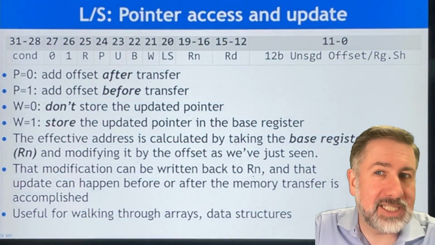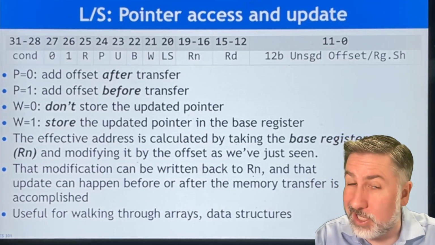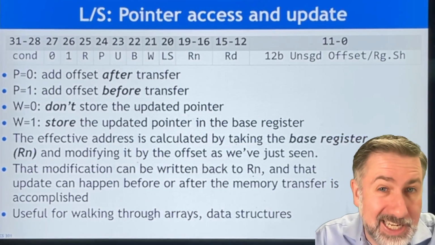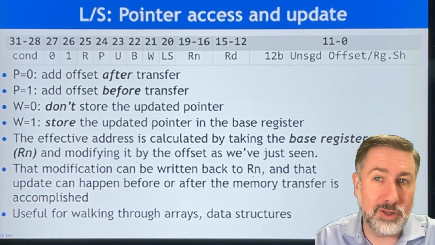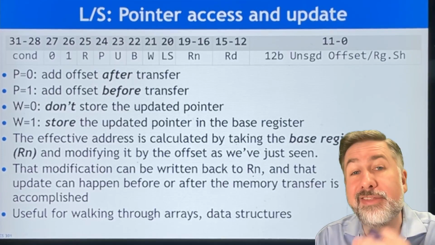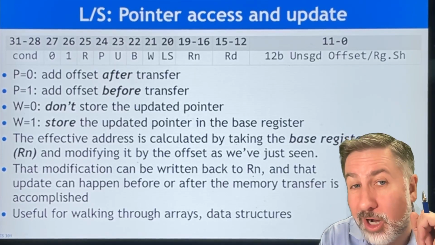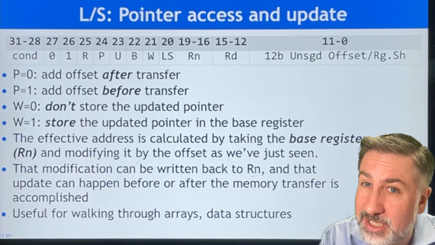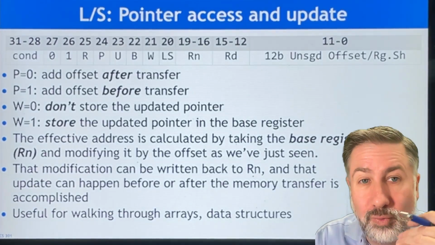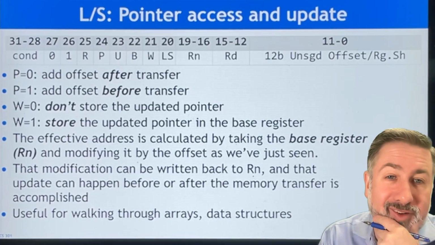P equals 1 means I'm going to modify the offset before I do the load or store. So P is pre-indexing. And then W says whether I'm going to store that new offset or not. W equals 0 means I don't store the updated offset. W equals 1 means I do store the updated offset.